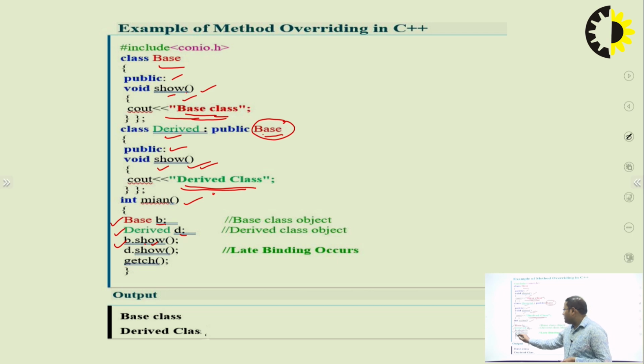But d is the object of the derived class, and d.show means we are passing a message that object d is calling the method show of the derived class. So here derived class will be printed. So that will be the output, and it is one of the examples of late binding. At runtime it will be decided which function is called by which object.